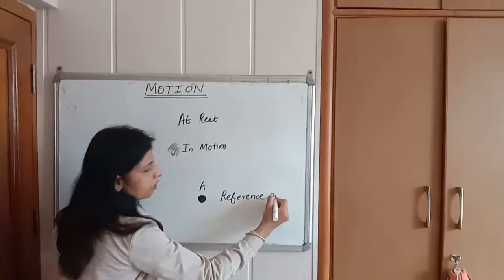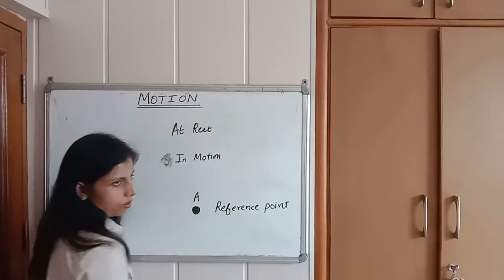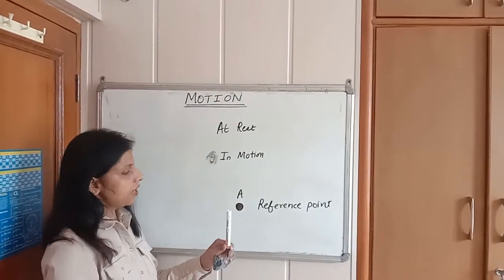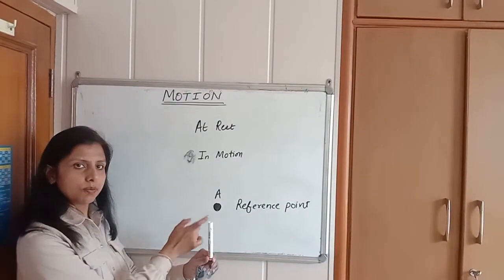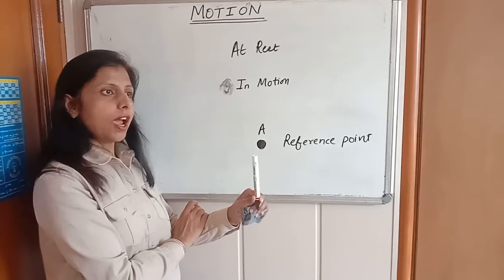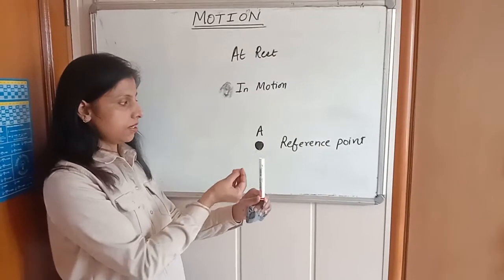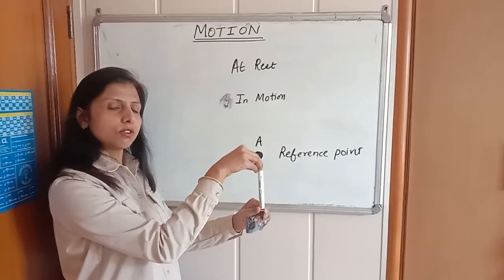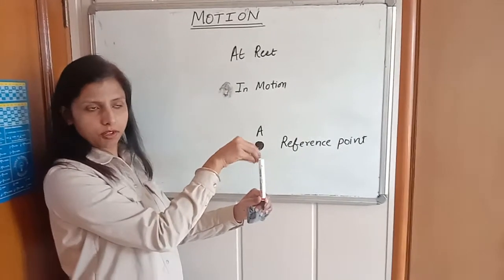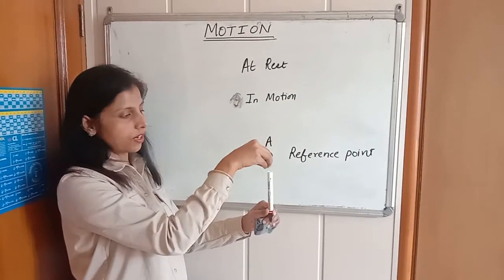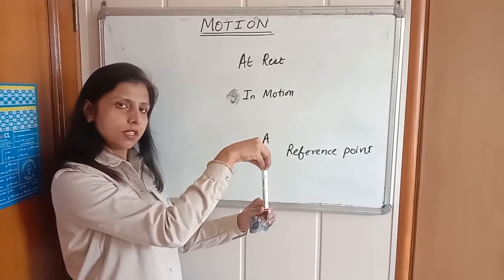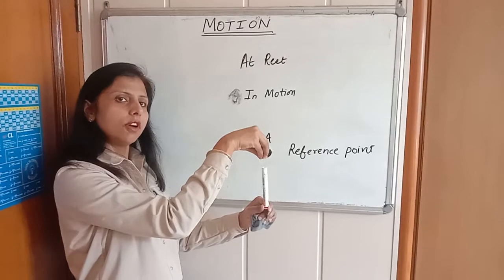Now I can observe any object with respect to this reference point, maybe this pen or a marker. If I'm observing this marker for some duration and I see that its position is not changing with respect to this reference point, it is same right now, and after 1 second the position is not changing, so I will say that this is in the state of rest.